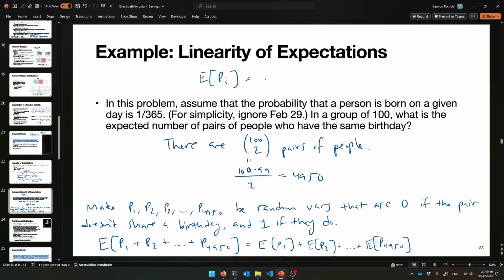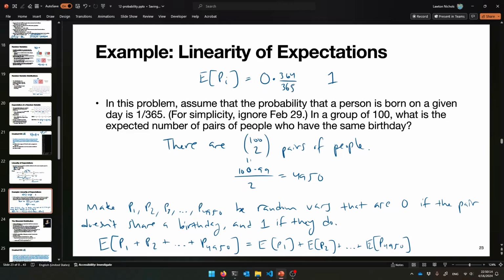So we either get a 0 back or a 1 back from this random variable. That's how it's defined: 0 if they don't share a birthday, and 1 if they do. Then we multiply that by the probability. What's the probability that this pair of people don't share a birthday? Well, it's pretty likely: a 364 out of 365 chance.